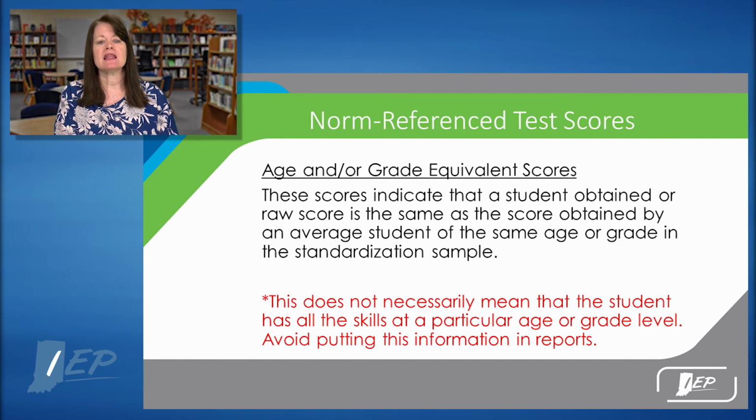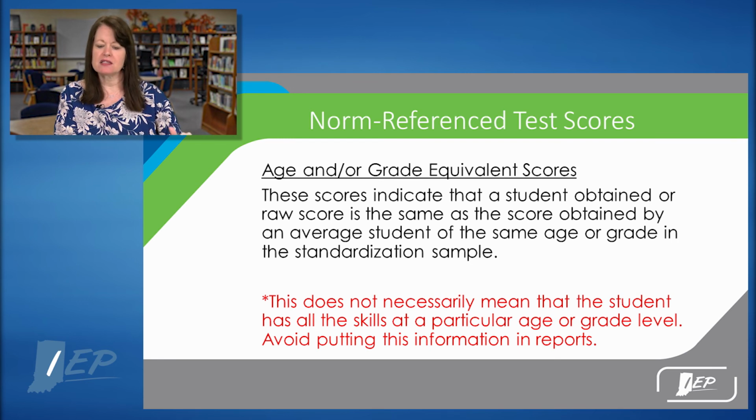It means that my score is the same as the average student in the 3rd grade at the 4th month. But that doesn't mean that I have skills that are necessarily at the 3rd grade 4th month level. So it can be very confusing, and again, I think it can be very misleading as well.